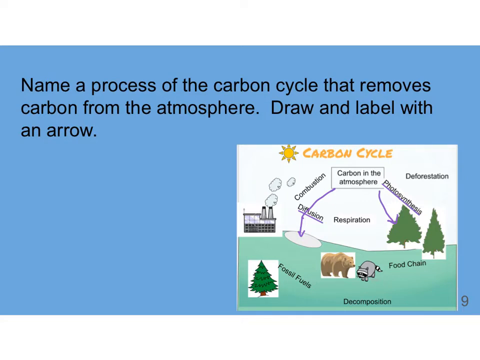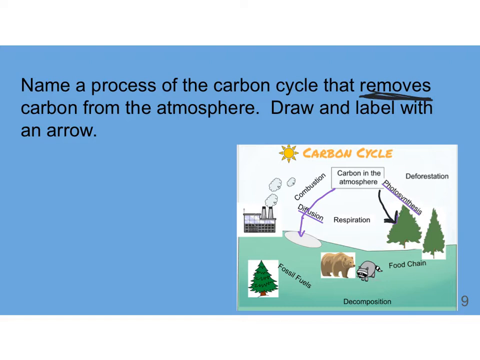Name a process of the carbon cycle that removes carbon from the atmosphere. Draw and label with an arrow. Okay, so removes carbon from the atmosphere. So that means that the carbon started off in the atmosphere and it's being absorbed into, for example, a plant through the process of photosynthesis.